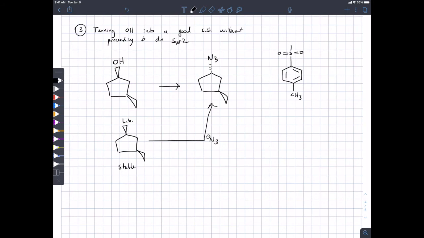You'll need to come up with whatever works for you to remember things. This is called para-toluenesulfonyl chloride, which of course we now have an abbreviation for, TsCl. And this will work like thionyl chloride, only unlike thionyl chloride, the intermediate we get is stable basically indefinitely.